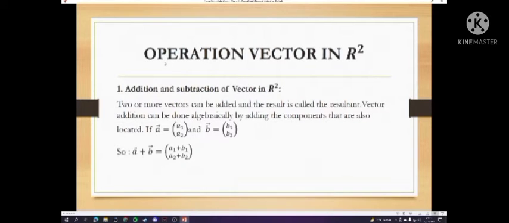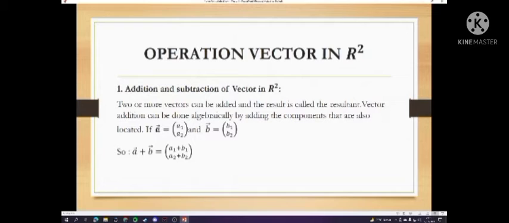Next, material operation vector in R square. One, addition and subtraction of vector in R square. Two or more vectors can be added and the result is called the resultant. Vector addition can be done algebraically by adding the components that are also located.